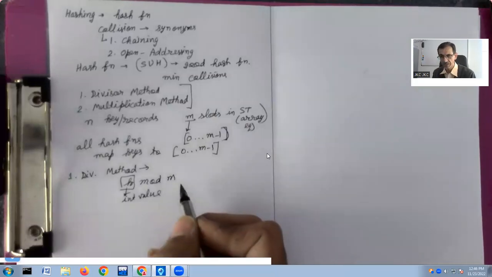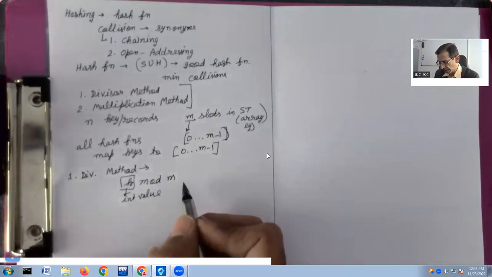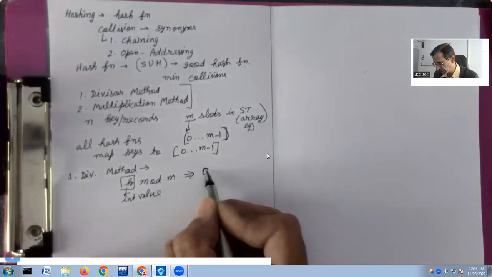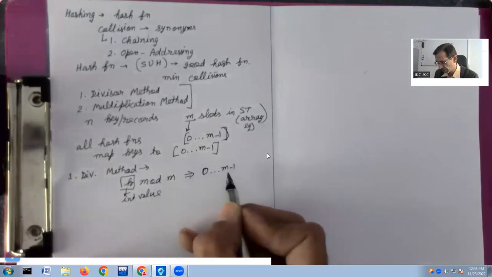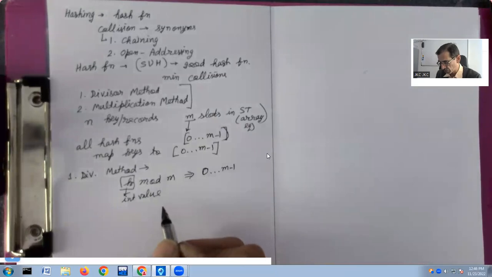Even if you have a string, do some calculations to convert it to an integer key, and then take the mod. This automatically gives values in the range of 0 to m minus 1. So it ensures that my m slots will be used, and of course there can be collisions, which we then resolve through chaining.